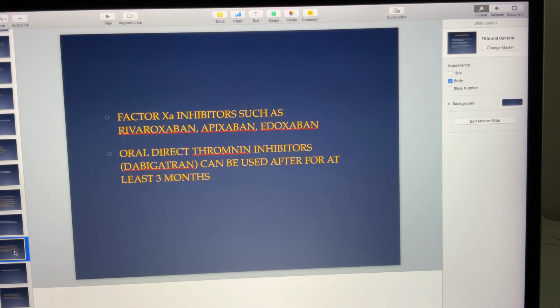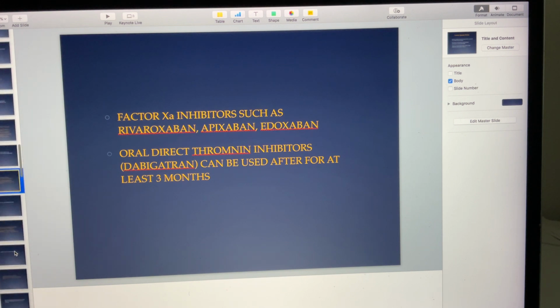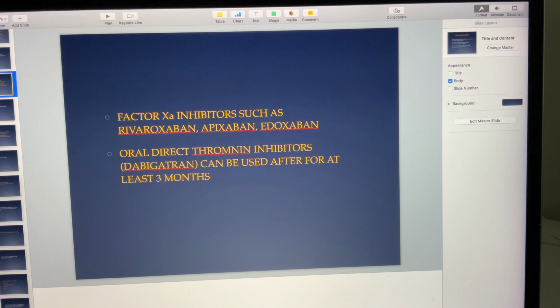Okay, or you can use oral direct thrombin inhibitors. Okay, and depending on the guideline, depending on what your source is, the guideline may be different, but you want to keep them on this medication for at least 3 months.